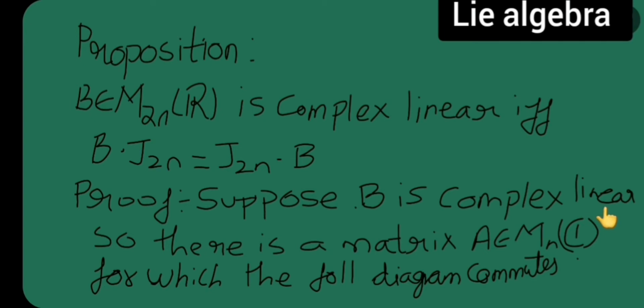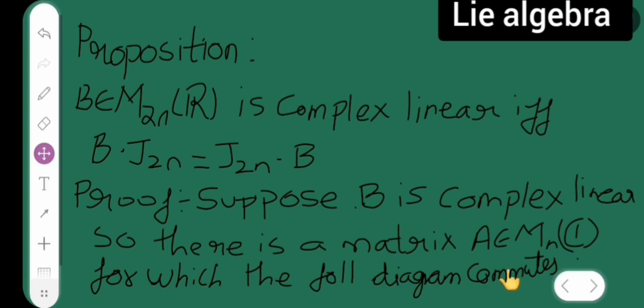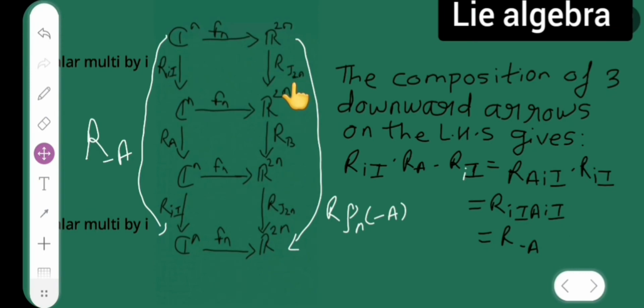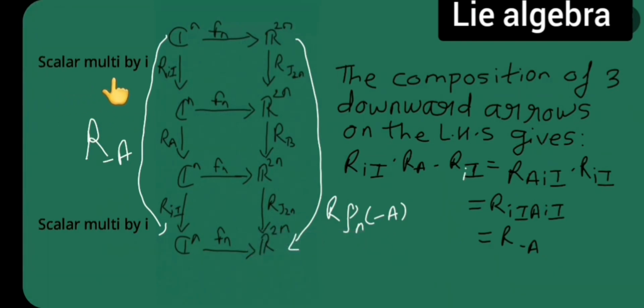Suppose B is complex linear, so there is a matrix A belonging to M_n of C for which the following diagram commutes. So here next is my scalar multiple by I. Okay, for both this R^n into I. Okay, this is my R, and for the entire term I will get R of minus A. Okay, here also see the commutative diagram over here.